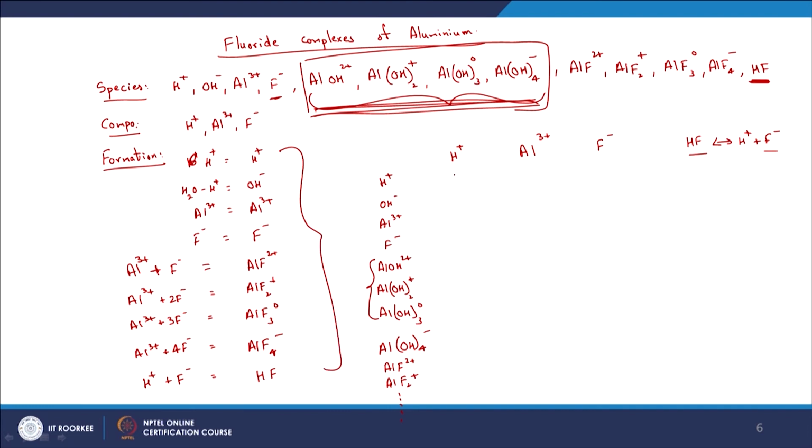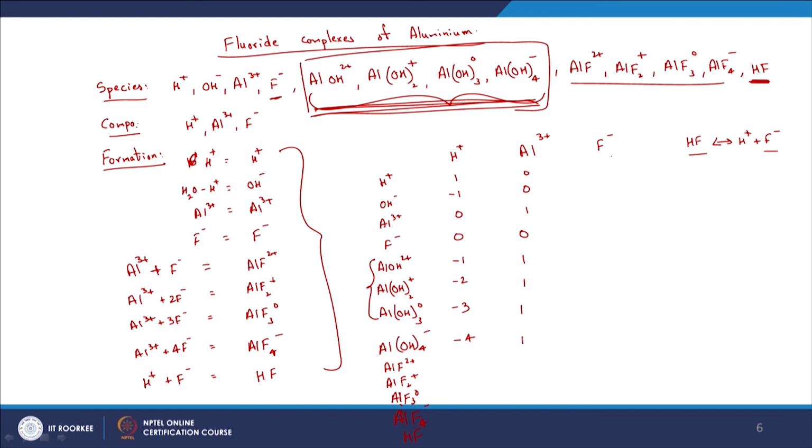So that's going to be H plus minus 1, 0 here, 0 here, and we know it's going to be minus 1, minus 2, minus 3, and minus 4 here. With the Al3 plus, it's going to be 0, 0, 1, 0, 1, 1, 1, 1, and then the 4 species of the aluminum fluoride complexes, AlF3 naught and AlF4 negative, and HF.